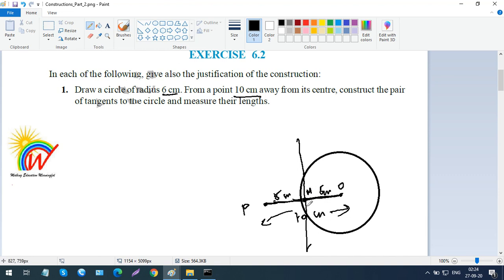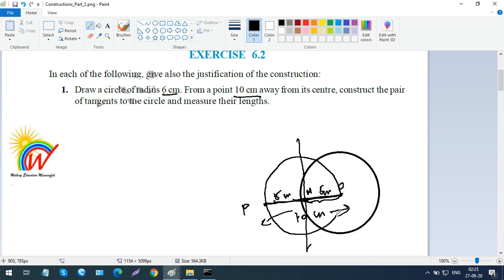Now with M as a center, you keep the pointed part of your compass on M and measure the radius as MO or PM, whatever, it's the equal thing, right? With this radius you draw a circle again, like this.